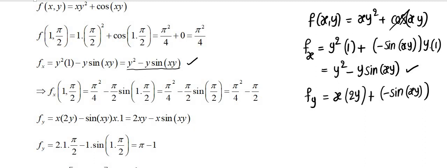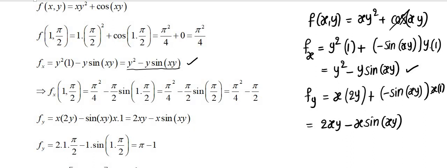By using the chain rule, after completion of the differentiation of cos, we move to the differentiation of the angle. Here, with respect to y means x is constant, for y, 1. So the simplification of this term is 2 into xy minus x into sine of xy.